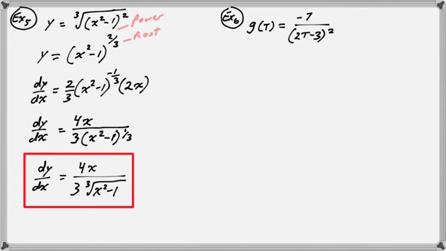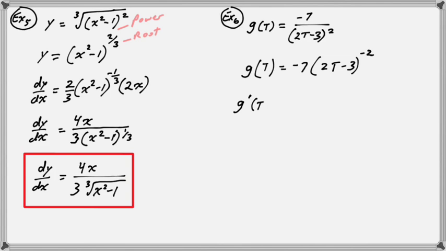Okay, to do example 6, we could do a quotient rule, but I see either the numerator or denominator is just a constant, right? If the numerator or denominator is simply a constant, you probably can get by without the quotient rule. Can I rewrite this as this to the -2?